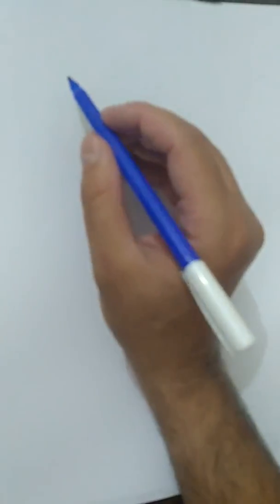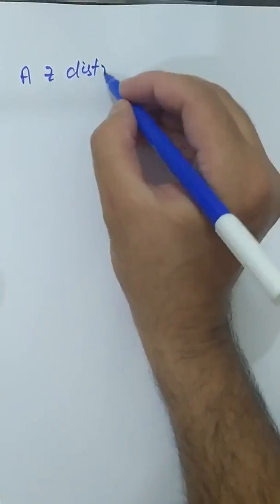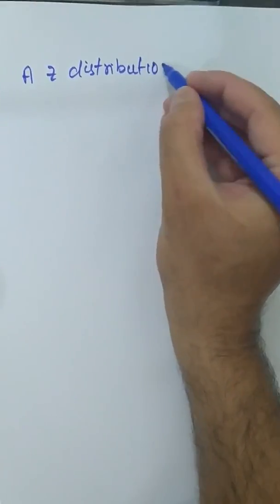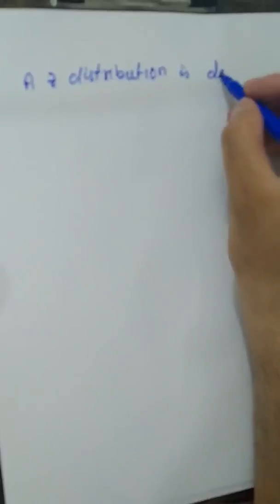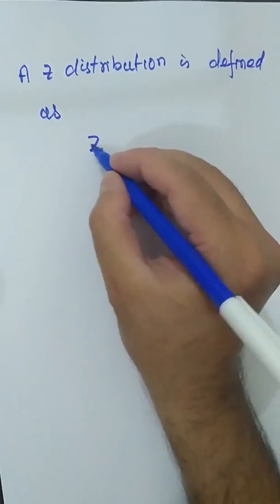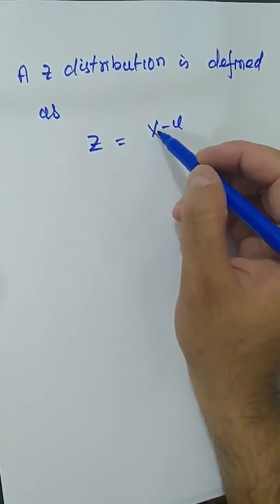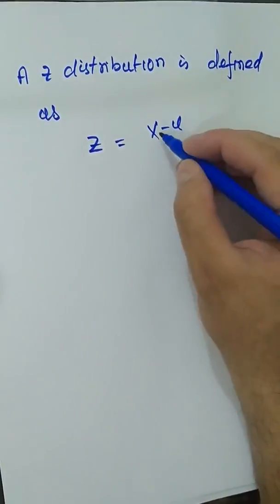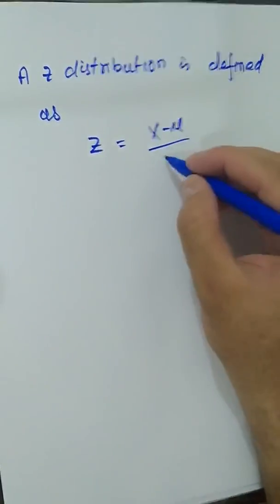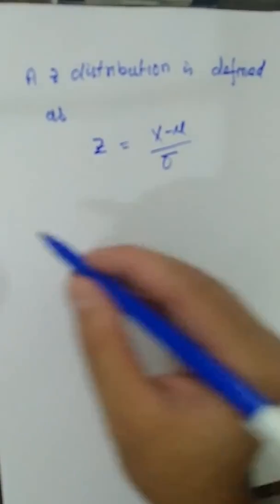A standard normal distribution is also called a z distribution. We replace the random variable x with z, which is equal to x minus mu divided by standard deviation sigma.